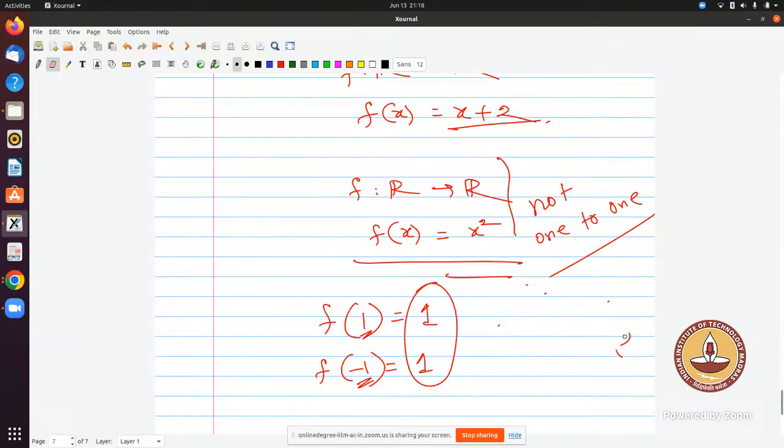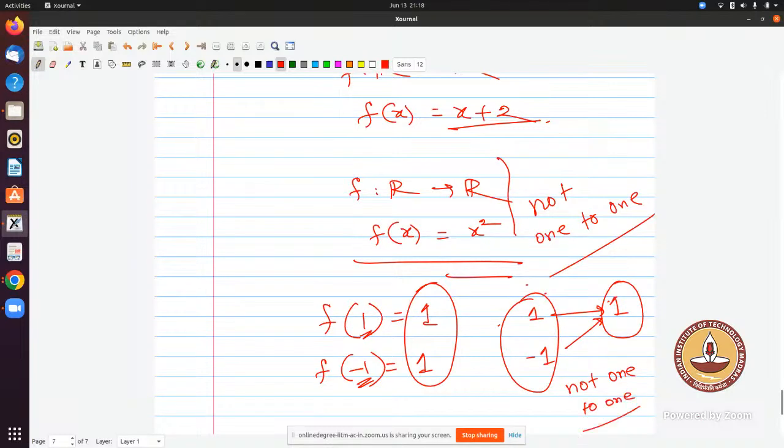That is 1, right? 1 squared is 1. What is the image of minus 1? That is again 1. So both 1 and minus 1 are going to the same element, 1. Yes, sir. So this is not a one-to-one function.